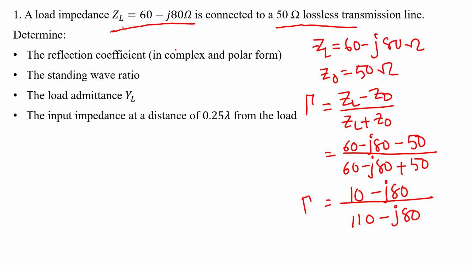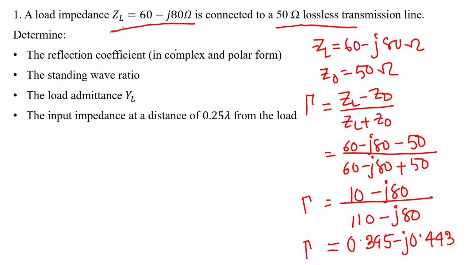What I can do next is convert these two numbers into polar form, and then divide them and get the result. So we can do it in any way. Ultimately the final value of gamma that we will get is 0.395 minus j0.443. This will be the value of gamma in complex form.